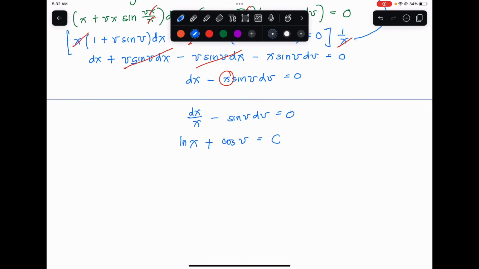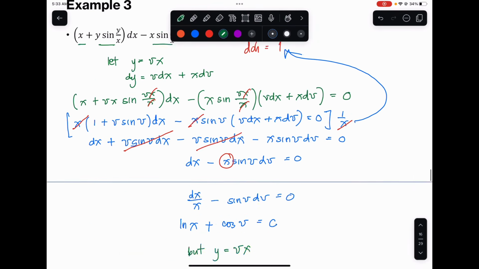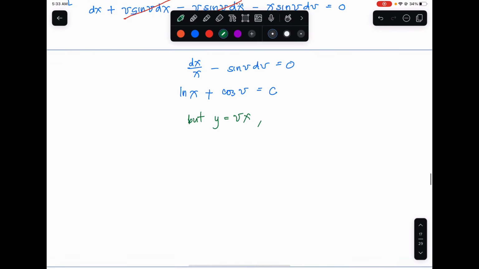But then we let y equal vx. Okay, so that's our assumption that y is equal to vx. So therefore v is y all over x.